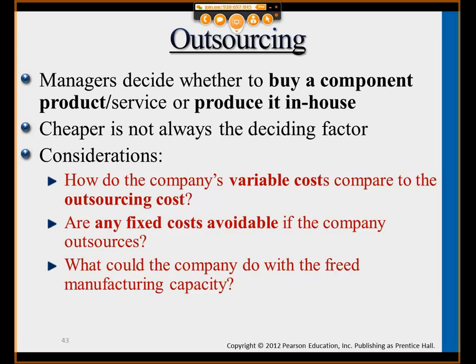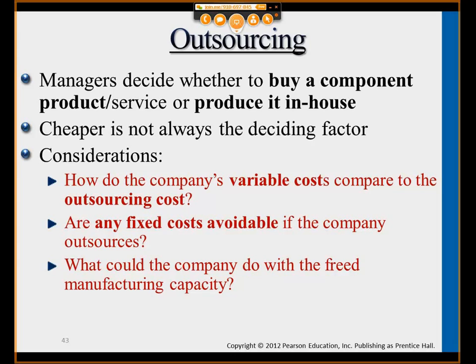Can any fixed costs be avoided if the company outsources? Why is it important to us to understand if fixed costs can be avoided if we outsource? Because we're not using our machineries and stuff like that. So we want to avoid those fixed costs, right?